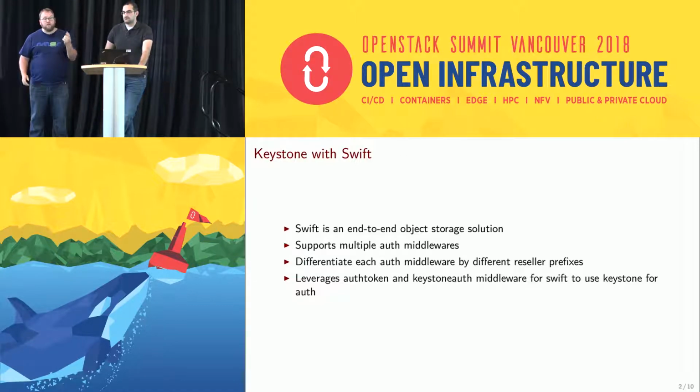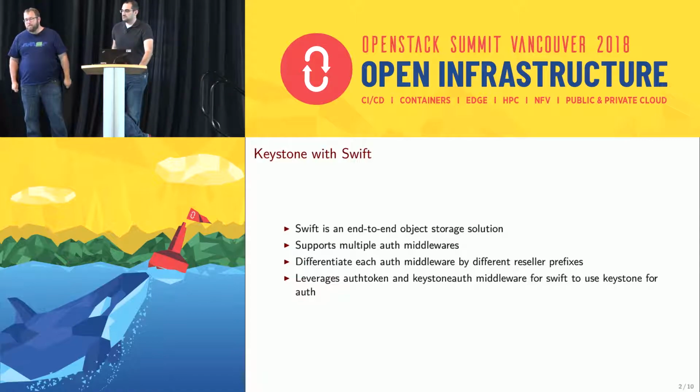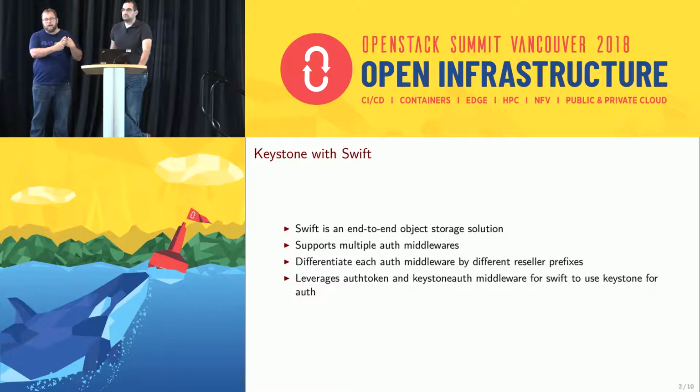When you have more than one in your proxy pipeline, you use something called reseller prefixes to differentiate which auth middleware is responsible for authenticating what user. So when you're setting up with Keystone, you actually need two middlewares: the auth token from the Keystone middleware package, and Keystone auth inside Swift.